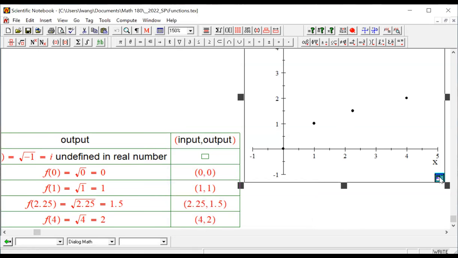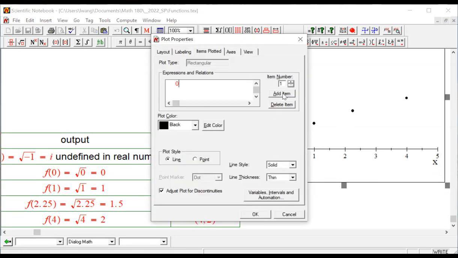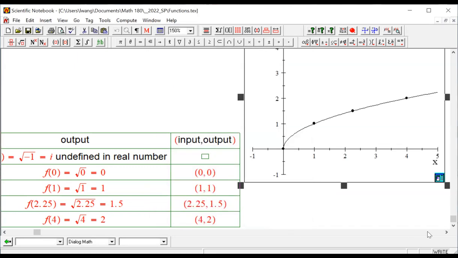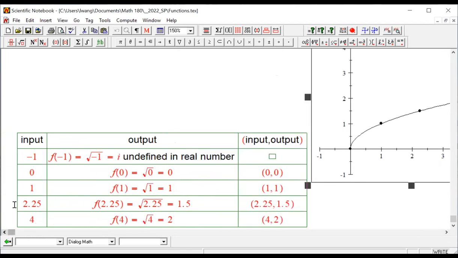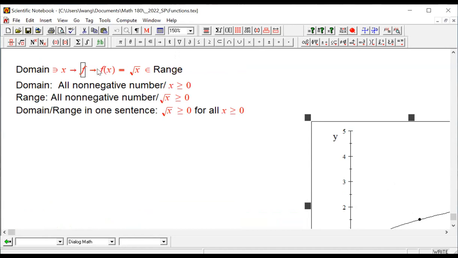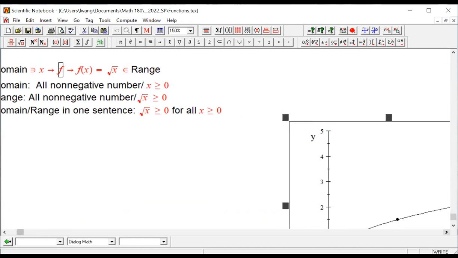And we're going to connect the dots. So when we connect the dots, here we go. The graph for f of x, which has the rule of square root of x. Domain and range discovered.